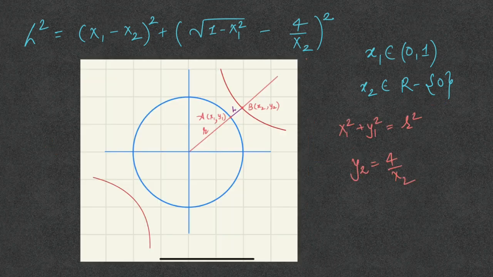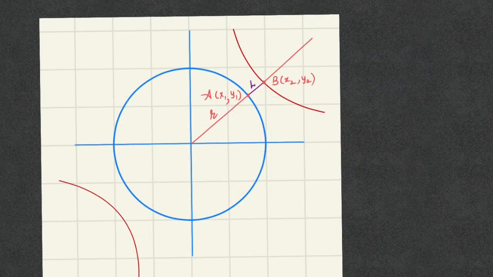So after forming these two equations, I can see that the first equation represents the circle with the radius r, having a point x1 and y1 on the circle, and the second equation forms this kind of graph, which is a rectangular hyperbola with x2 and y2 as input and output.